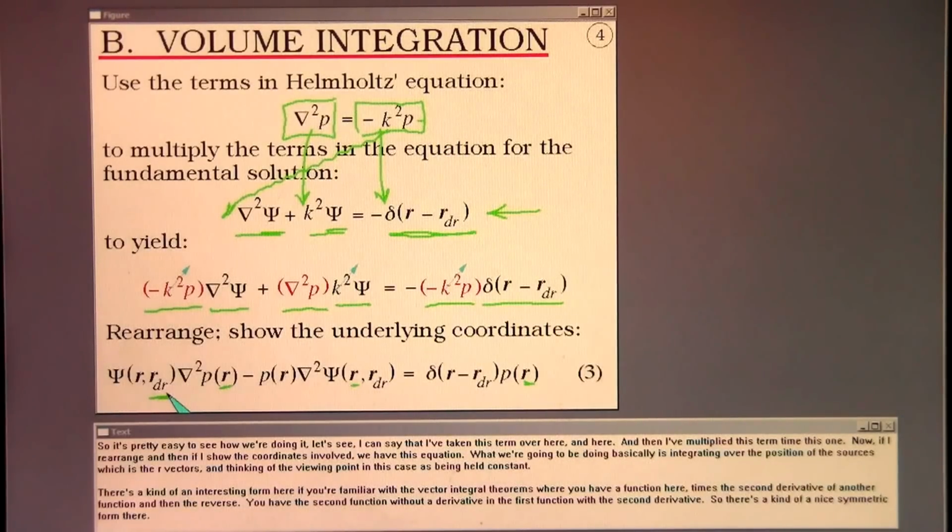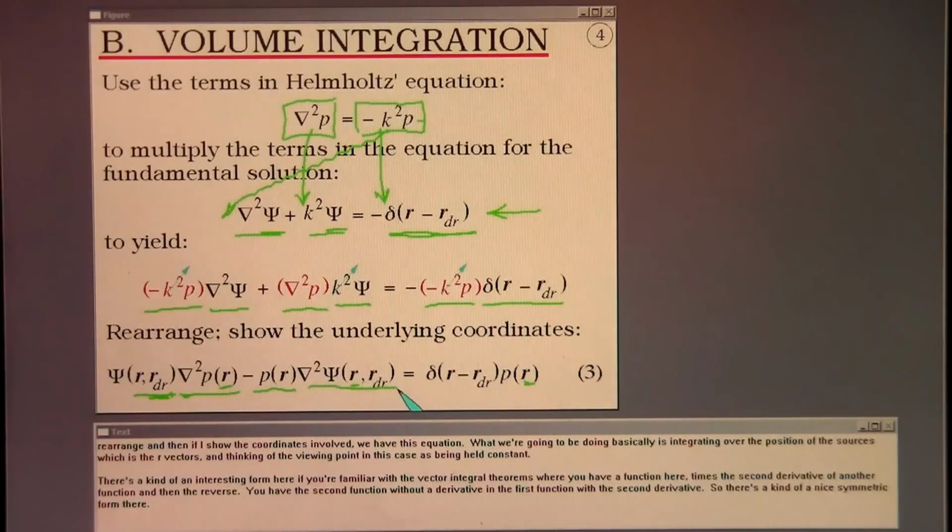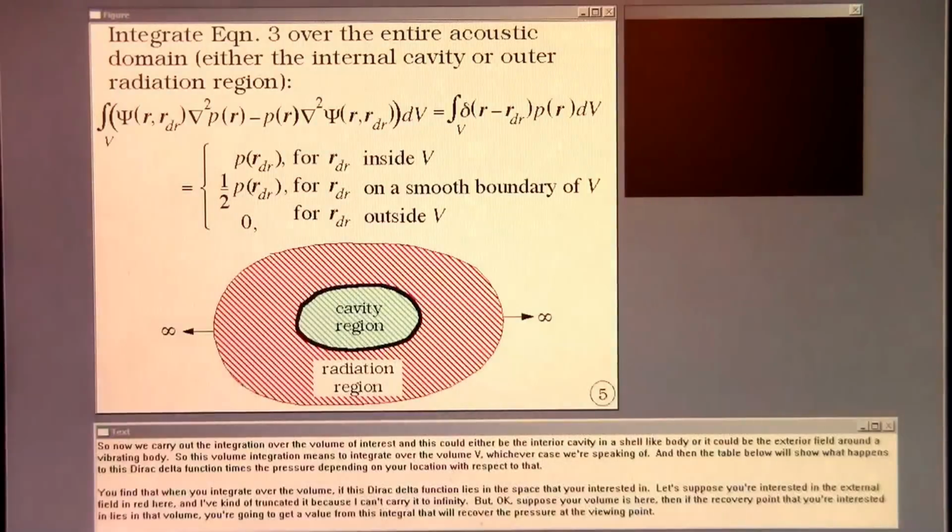There's a kind of an interesting form here if you're familiar with the vector integral theorems, where you have a function here times the second derivative of another function, and then the reverse. You have the second function without a derivative and the first function with the second derivative. So there's a kind of a nice symmetric form there.